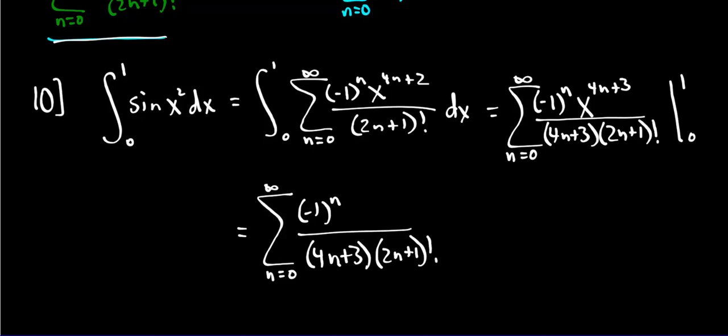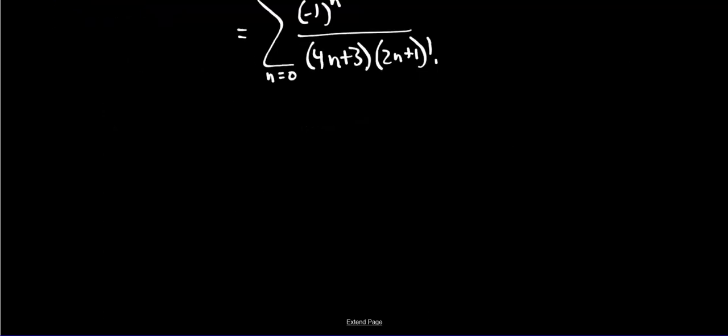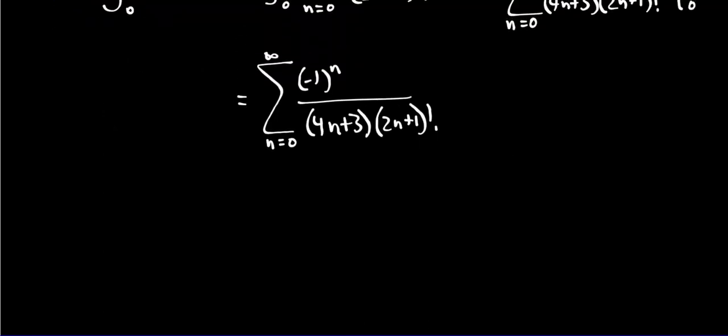Now, what I need to do is start putting in values for n until I get to the point, in absolute value, where the term is small enough. I don't care about the alternating part of it when I'm trying to find the error term. I'm going to put in 1 over 4 times 1 plus 3, times 2 times 1 plus 1 factorial.